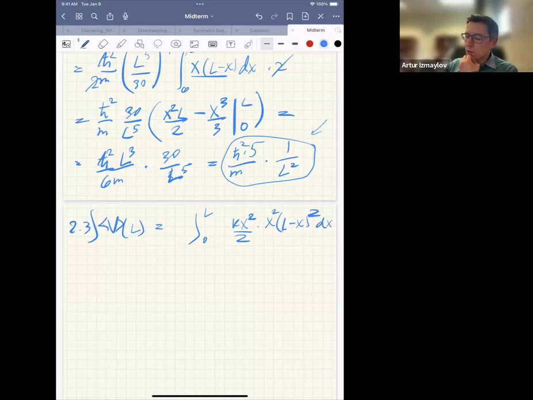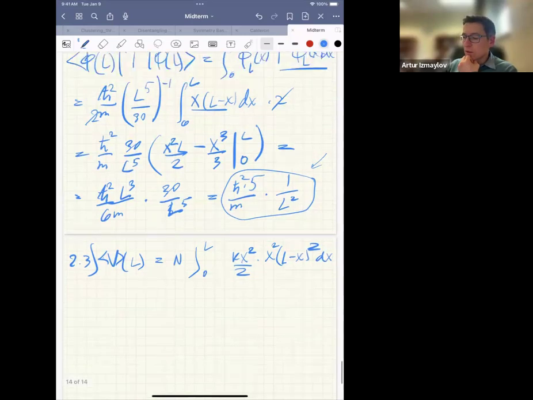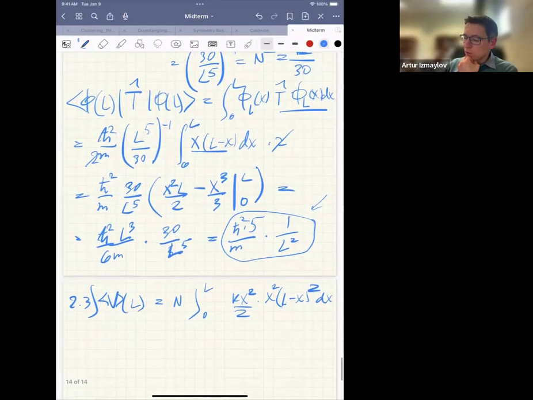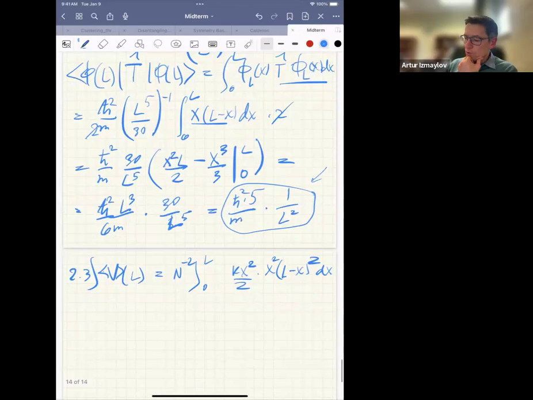And then we need this n to the minus 2 for the normalization. And this can be essentially just integrated. It's not that complicated if you keep track of all the powers, and k over 2 times n to the minus 2, from 0 to L.